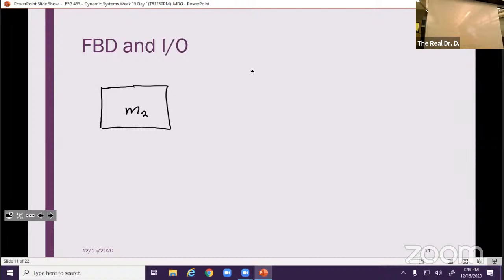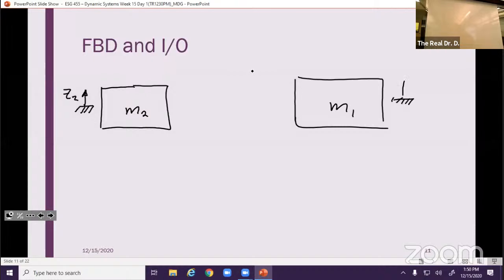I've got the driver and I've got the seat. The driver moves with Z2. The seat moves with Z1. And we know that we've got some input, I'll call it Z naught of T, here.